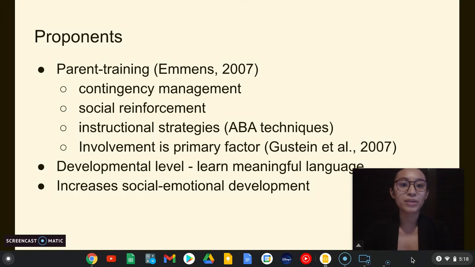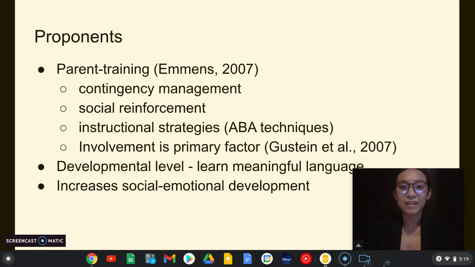So some of the proponents, based on some research and the study that we just briefly discussed, was parent training. According to Emmons, parent training is a proponent to RDI because it teaches parents and caregivers how to improve the quality of life for the individual and for their families.